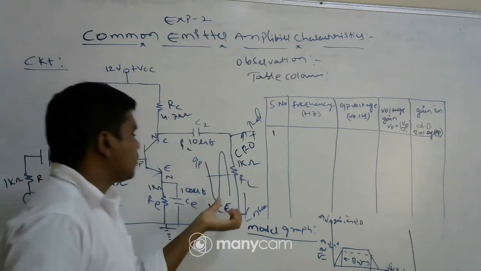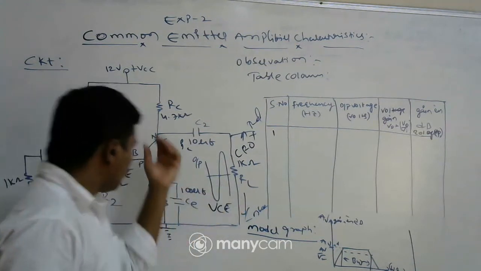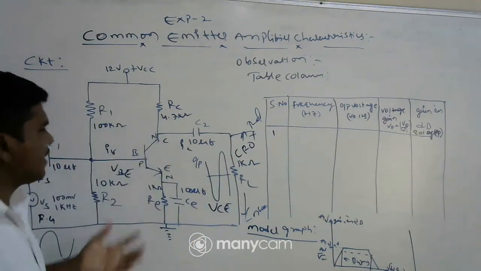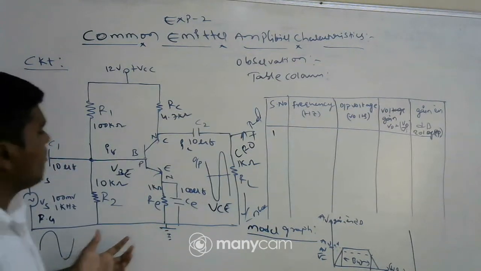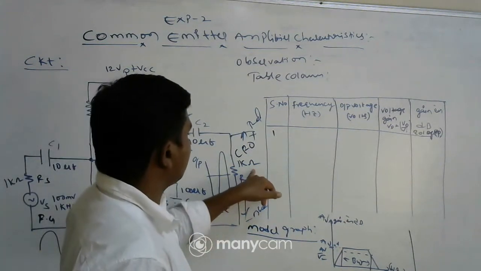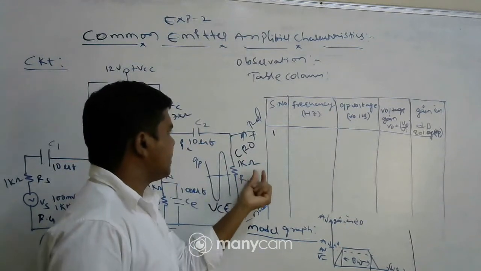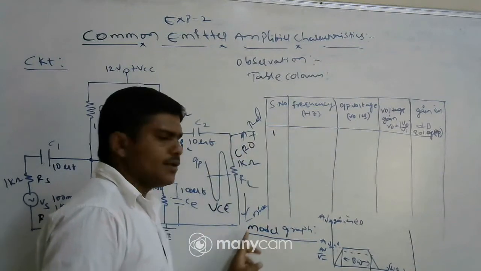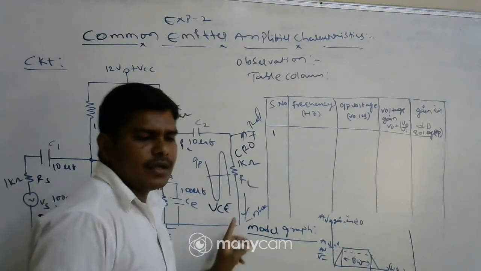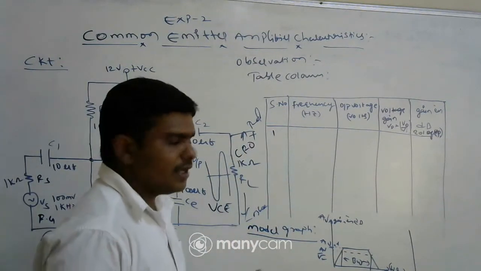According to the circuit, we have to make the connections. Then connect the CRO: the positive terminal to the collector, and the negative terminal to the ground or emitter terminal.